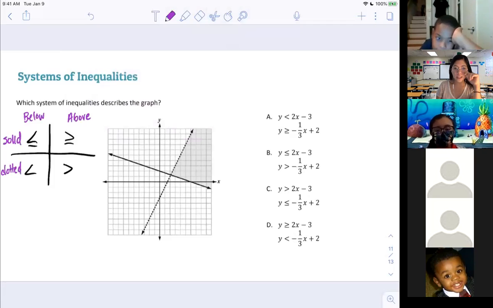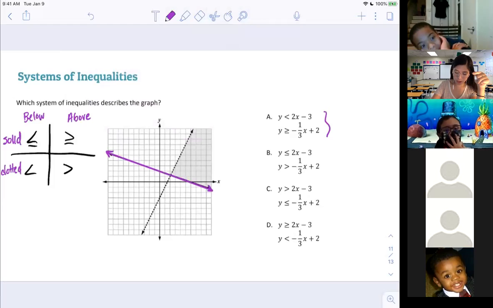So the first thing I need to identify is which line is which. So let's take a look first at this one right here. It's solid, and what's the y-intercept of that one? 2. The y-intercept is 2. So look at all of the options. Which of those equations is this one going to be?